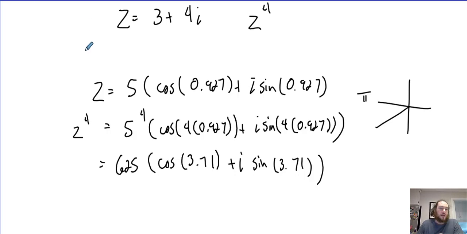What we can do now is extend de Moivre's theorem to make not just powers simpler, but products and divisions simpler as well. We consider the same idea as previously.